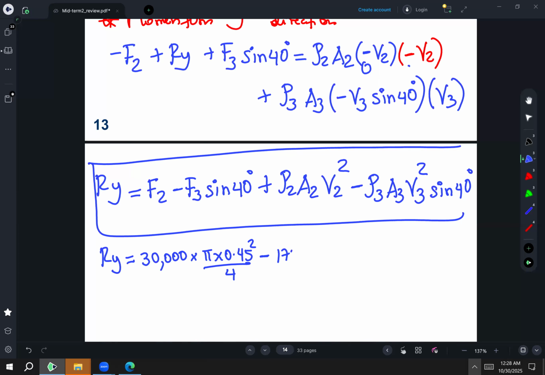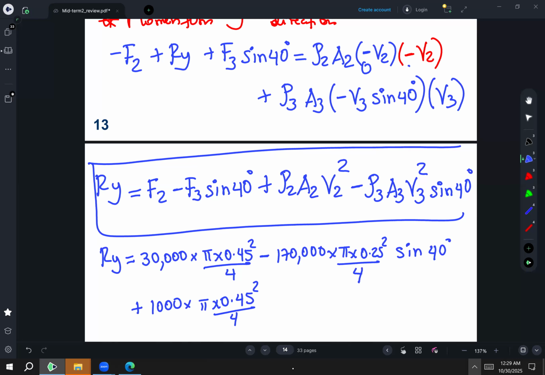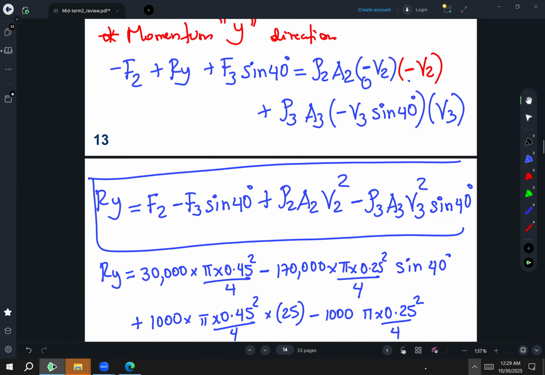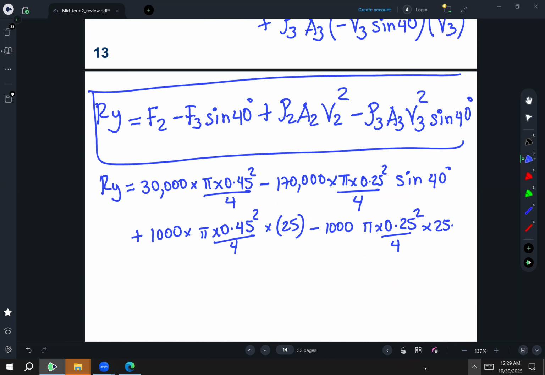The pressure 3 is 170,000 pascals times area 3, which is pi 0.25 squared divided by 4, times sine of 40 degrees, plus density 2, which is 1000, area 2 is pi 0.45 squared divided by 4, and times velocity 2 squared, and the velocity 2 is 5, squared will be 25, minus density 3 is 1000, area 3 is pi times 0.25 squared divided by 4 times velocity 3, and we found velocity 3 is 25.8, 25.8 squared times sine of 40 degrees.